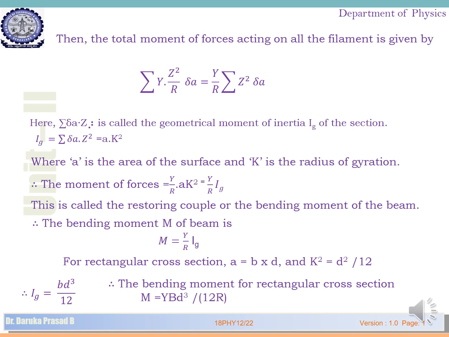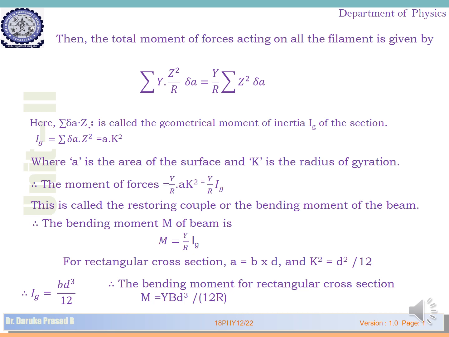That summation leads to the summation of Z square into delta A, taking Y by R as constant. Here, the summation of delta A into Z square is analogous to the moment of inertia.